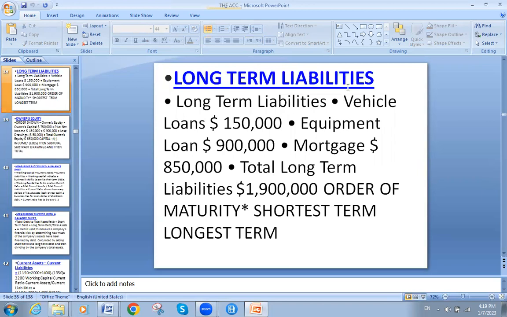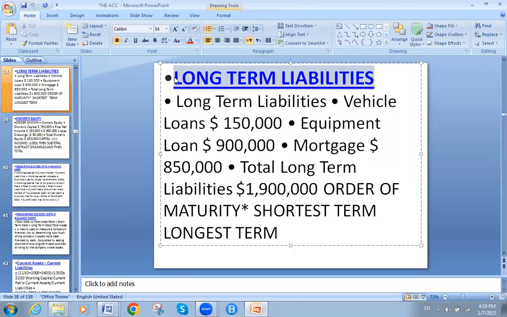Now we move to the new part of today's lecture, which is the long-term liabilities. What about the long-term liabilities? Long-term liabilities are like vehicle loans, which are long-term. It takes a long time to pay for it. Equipment loans, 900,000. Mortgage, 850,000. But this mortgage is a long-term purchase.